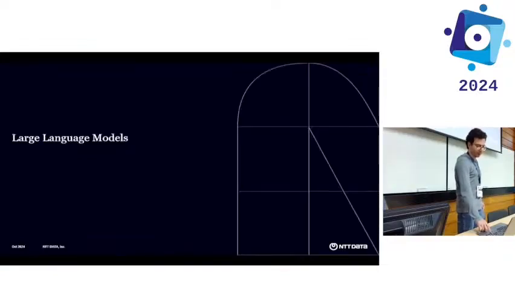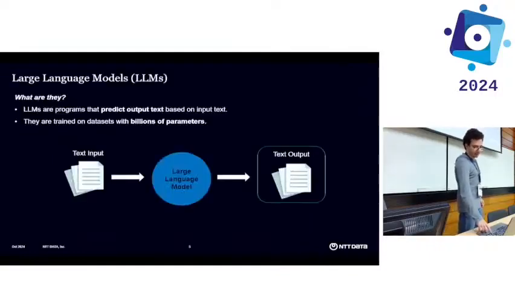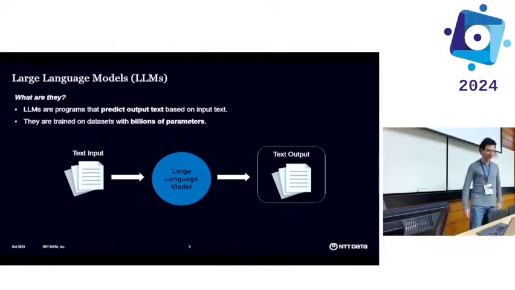So, AI with Drupal and large language models. When I'm talking about AI, I'm of course talking about LLMs, which are simply programs where you input some text, you have the LLM in the middle, and it can predict the output text based on your input.